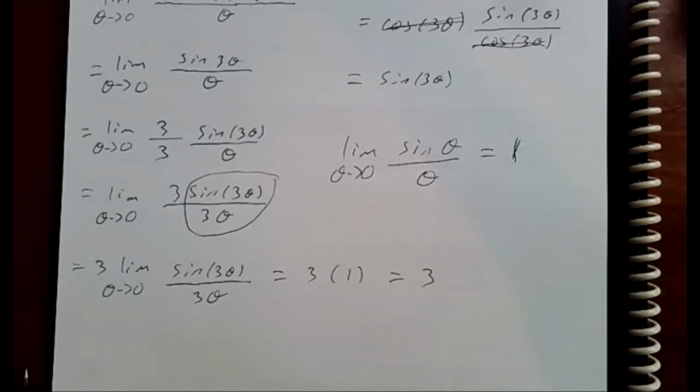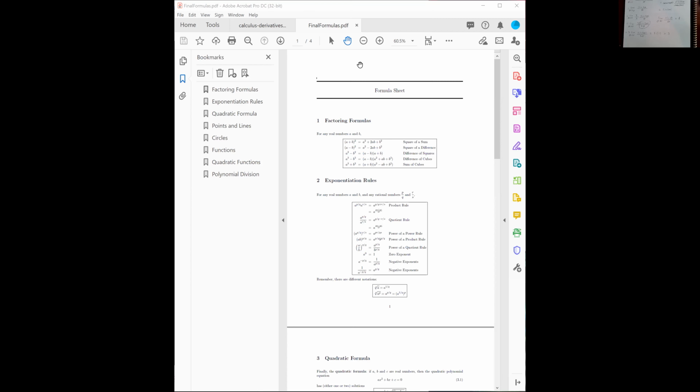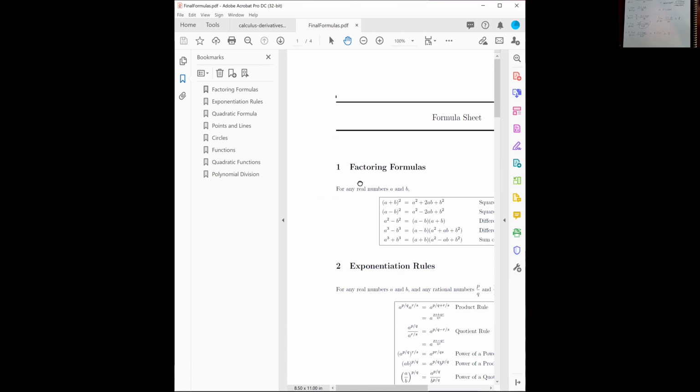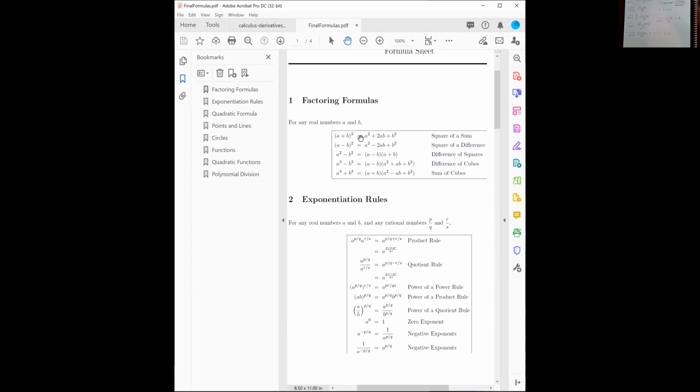Now here we go. Sorry, it took me a little longer than I thought, but this top one is all the ones I was talking about, square, difference of squares, etc. It should be more than enough. Let me go over it real quick. The very first ones are the factoring formulas.